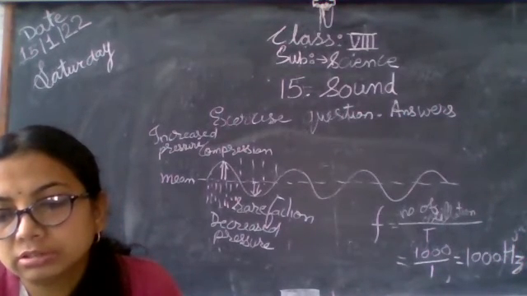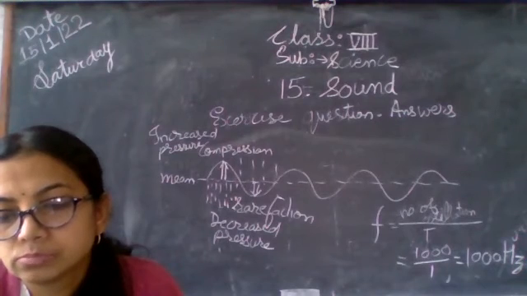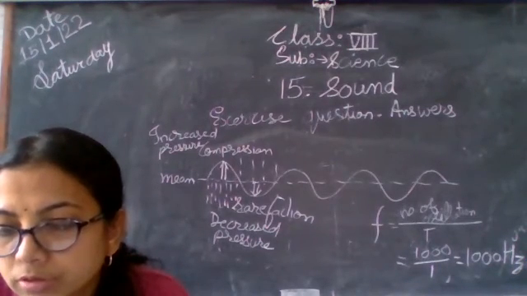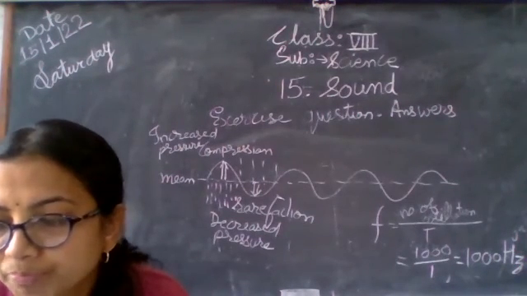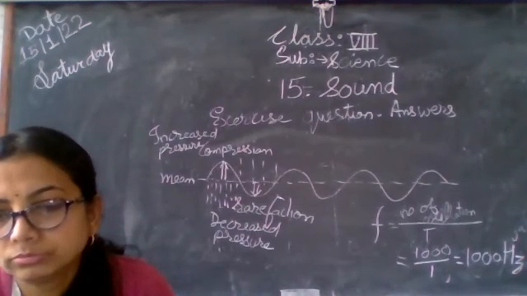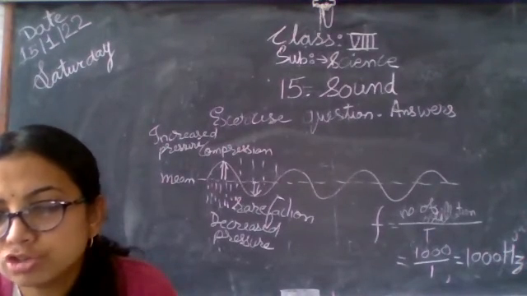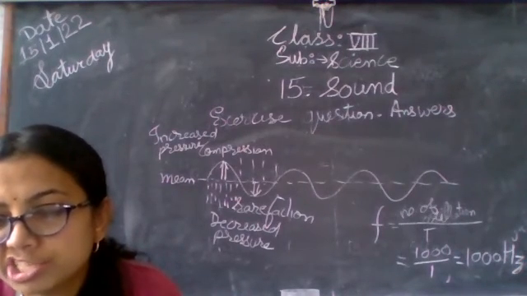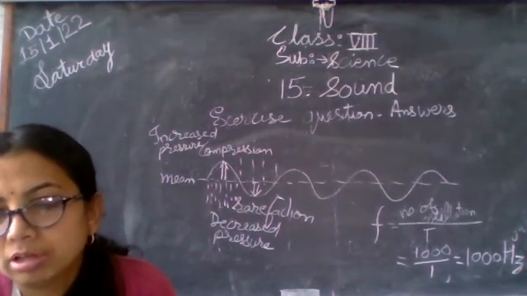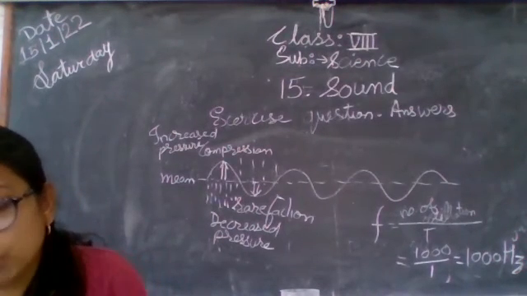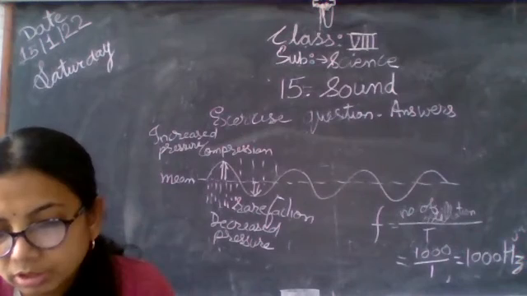In the tuning fork, vibrations of metal arms can be seen. In the sitar it is a vibrating string. And in Jal Tarang, vibration in the air column, you will have to match.